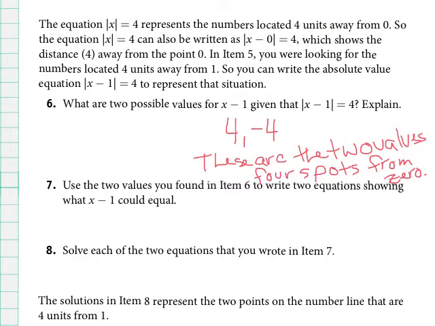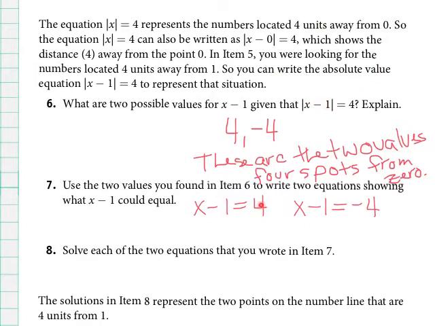So now 7, it says use the 2 values you found in item 6 to write 2 equations. So remember, the stuff inside the absolute value, x minus 1, could be 4 because that's 4 units away from 0. Or the stuff inside the absolute value, x minus 1, could be negative 4. Because remember, this has to be 4 units away from 0.